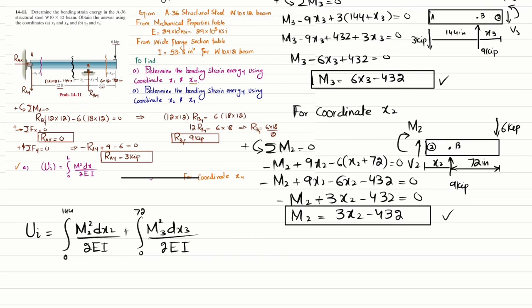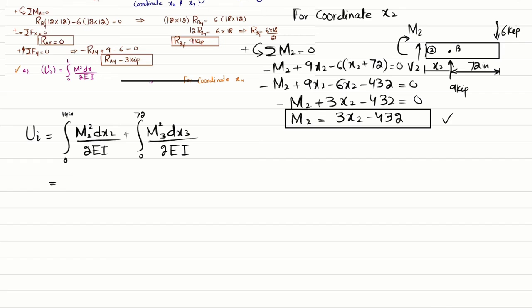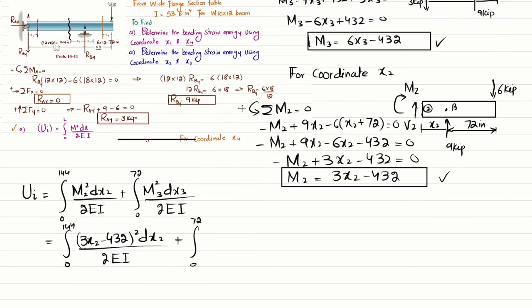Now you can put the value. So I will put the value 0 to 144, M2 is (3x2 minus 432) square into dx2 divided by 2EI plus integral of 0 to 72, M3 was (6x3 minus 432) whole square dx3 divided by 2EI.